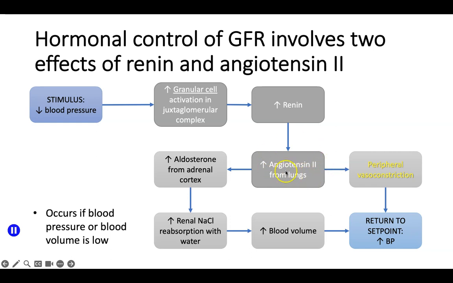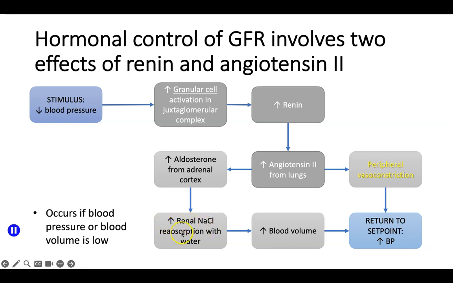And that angiotensin II is going to do two different things. One, it's going to stimulate aldosterone release, yet another hormone, from the adrenal cortex. Or two, the angiotensin II can lead directly to peripheral vasoconstriction. So first, the aldosterone. The aldosterone will then travel through the blood back to the kidneys, and it will cause increased reabsorption of salt.